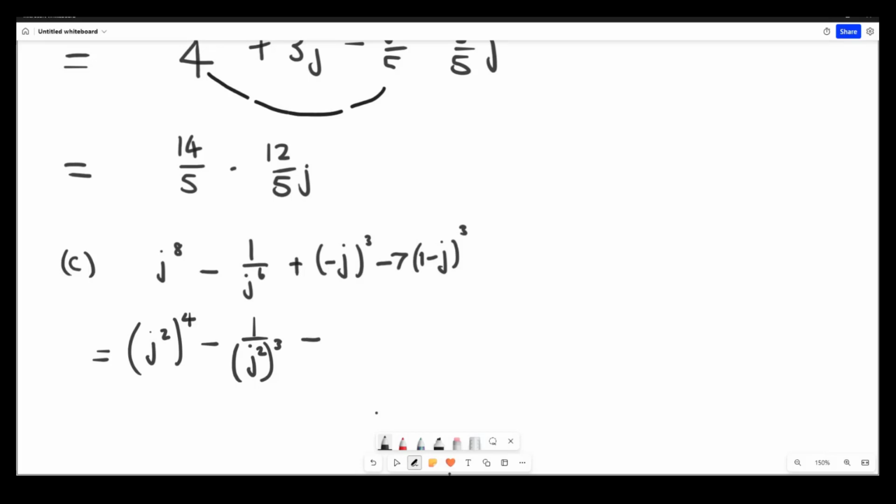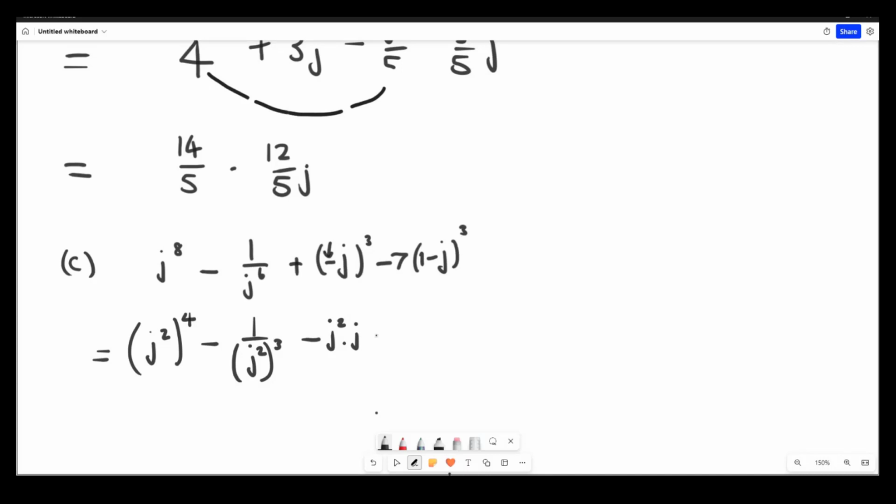And then you've got j cubed, which is j squared times j. So minus 1 times itself 3 times gives you minus 1, and then j times j is j squared, times j is j cubed.